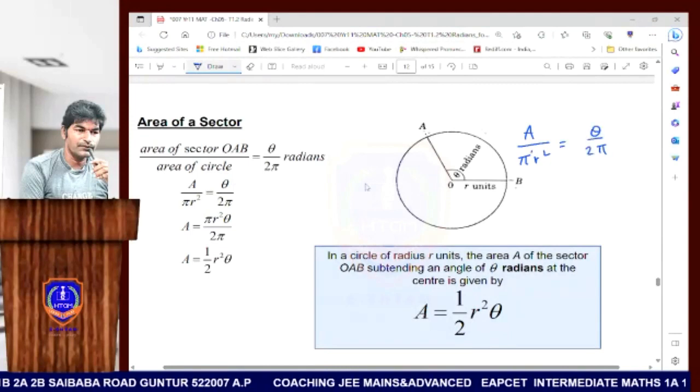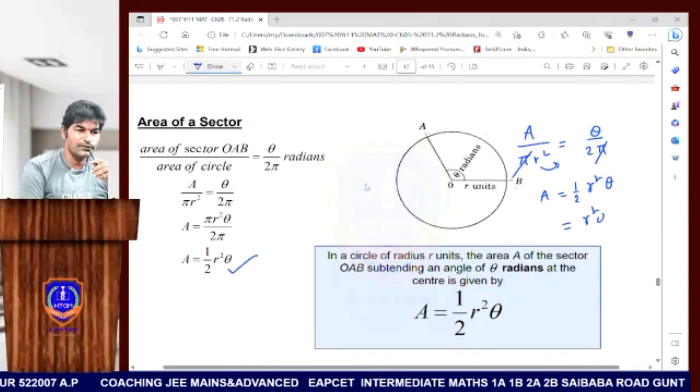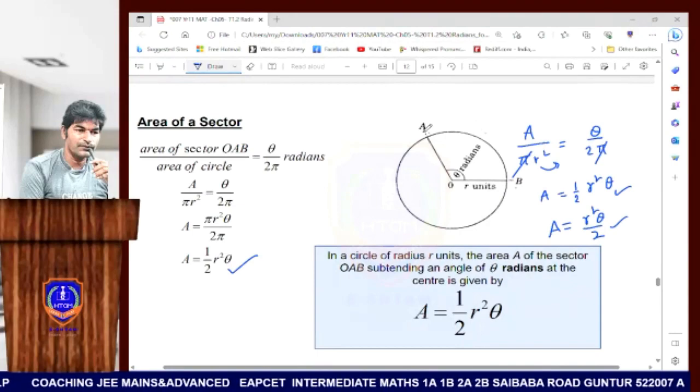Pi cancels, and by cross multiplication A equal to r square theta by 2. 1 by 2 r square theta is the same as r square theta by 2. Got it?